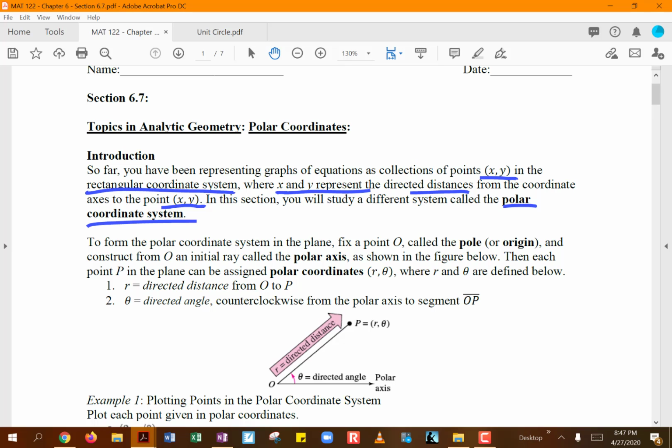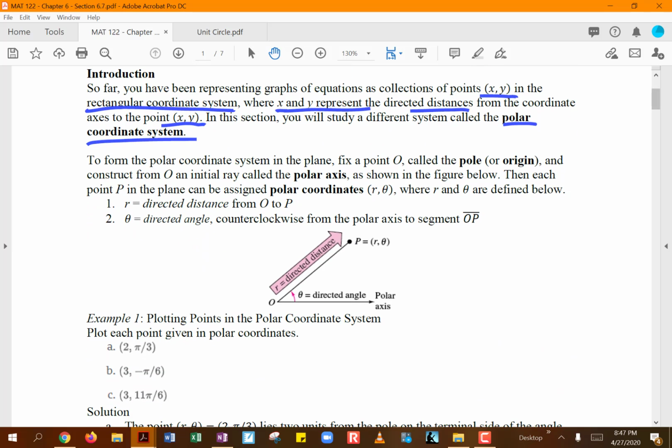Okay, so to form the polar coordinate system in the plane, we have a fixed point O, which we call the pole, or you can think of that as the origin. Pole is more commonly used, so the fixed point O is called the pole, and from that point O you construct an initial ray, which is called the polar axis.